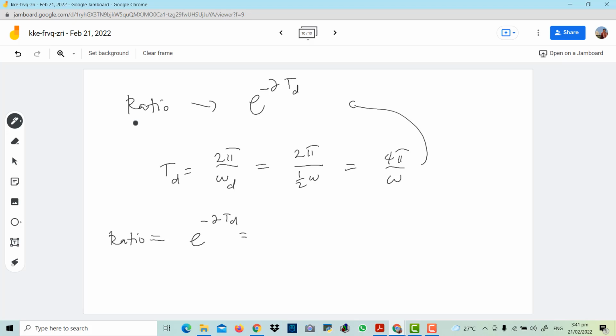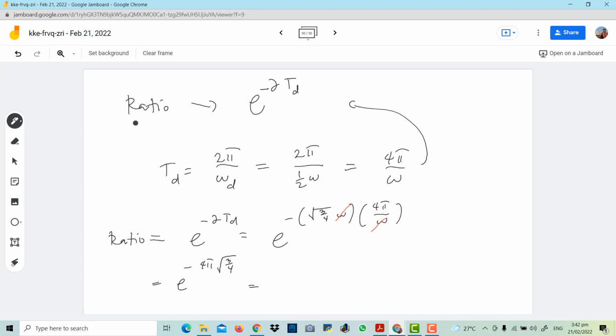And I know gamma, so minus gamma times td is equal to minus square root of 3/4 omega times 4 pi over omega. I can cancel out the omega. So therefore, the ratio is equal to e to the minus 4 pi square root of 3/4.